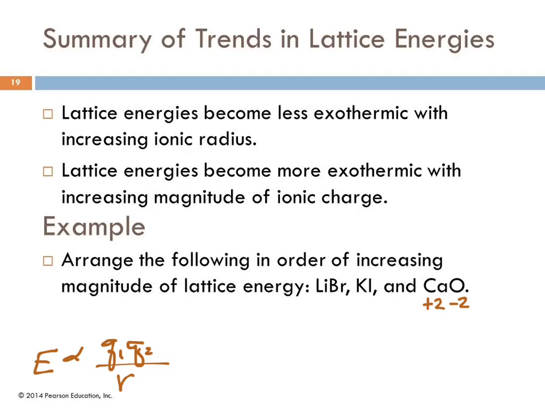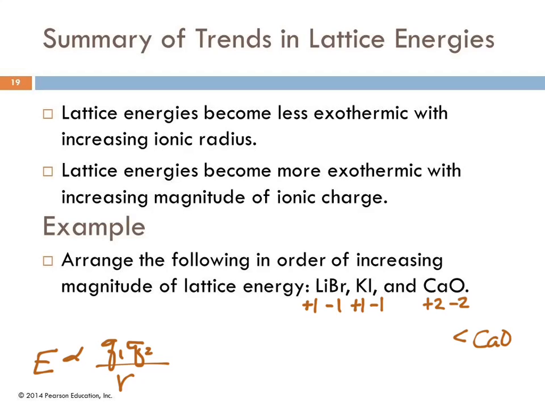Lithium bromide is +1, -1, and potassium iodide is +1, -1. So 2 times 2 is 4, 1 times 1 is 1, 1 times 1 is 1. So this one, just based on charges, is going to be 4 times as large. So that's probably the biggest one. Difference in charge is going to have more effect than difference in radius. So we're going to put calcium oxide over here as the largest one.